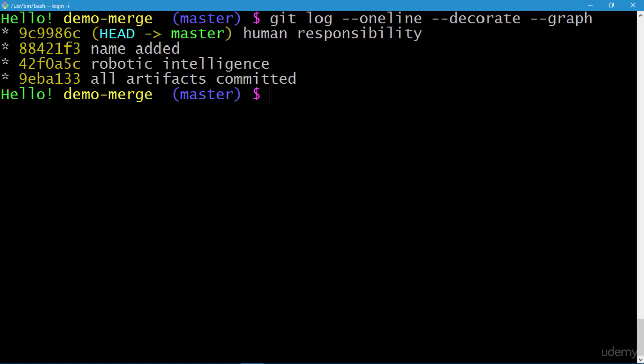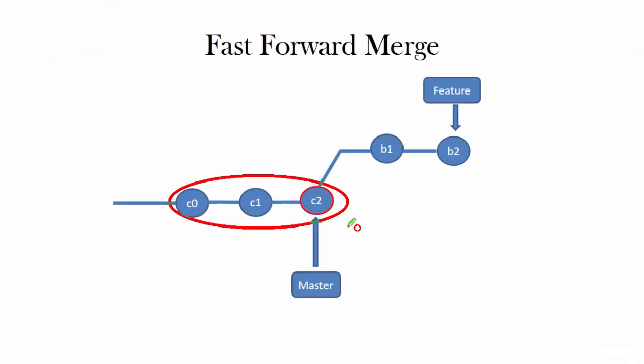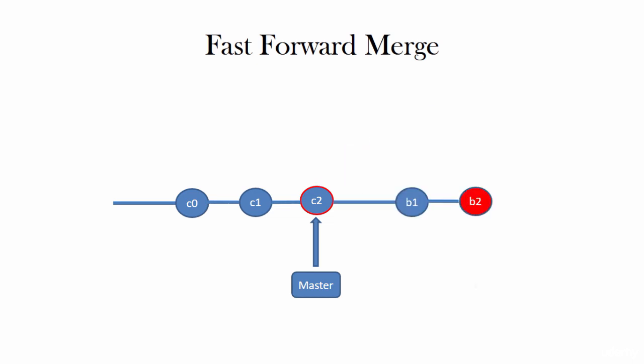Now let me demonstrate visually using a diagram explaining the whole thing that we have done so far using the ff merge. Here is our master branch, and here is the feature branch. The head right now points over here, and once we do a fast forward merge, this is what happens.